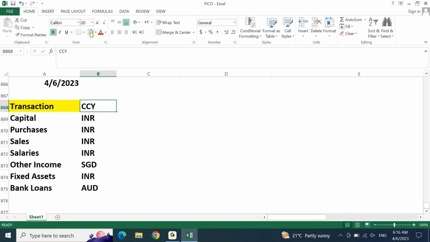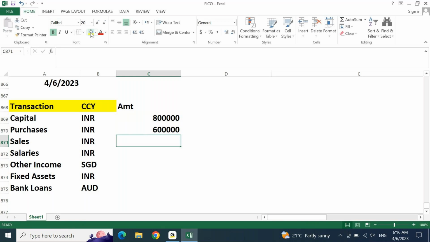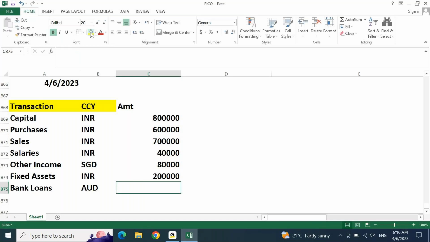All right. Now I'll say amount. Some 8 lakhs, 6 lakhs, 7 lakhs, 40,000, let's say 80,000, 2 lakhs, 3 lakh 50,000.